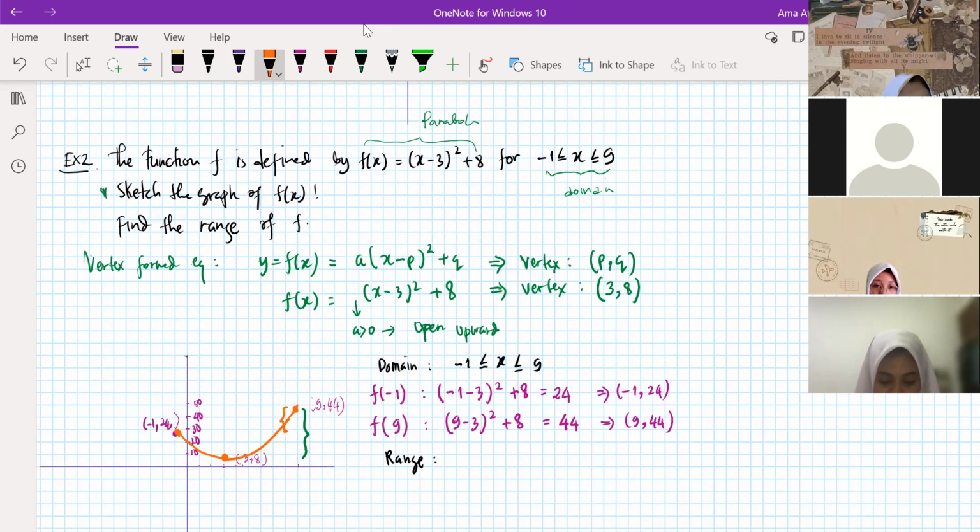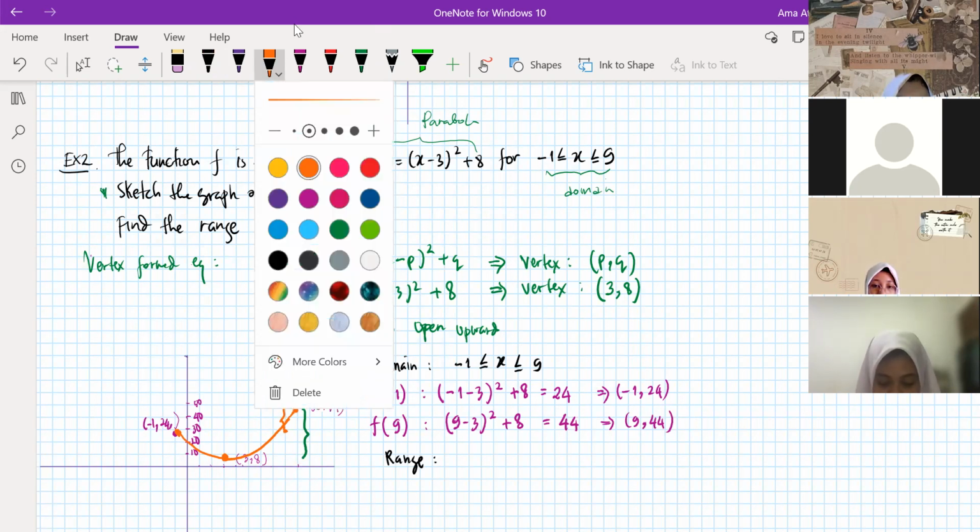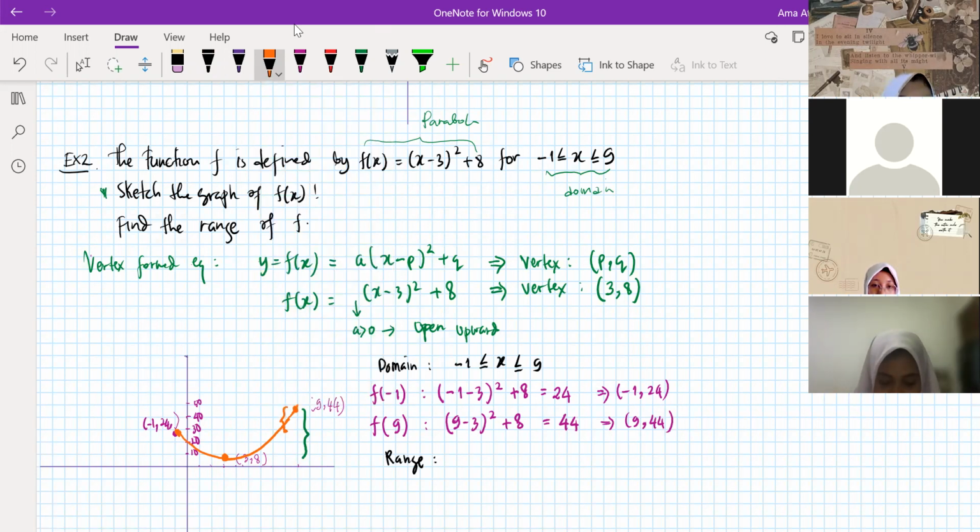But our parabola from -1 until 9 is passing through, the parabola is from here, look at this, up to this. So we have to include the parabola below 24 as well. So we cannot take the range from 24, but it has to be from here. What is it? 8. 8, yes, very good.